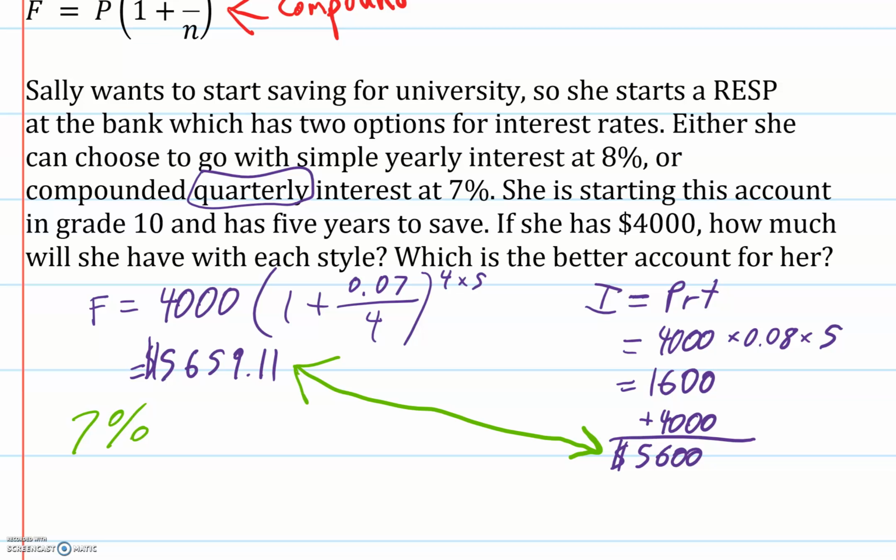This is the difference between compounded and simple interest. It can be a huge difference. It's also important to recognize that we had to add the principal back in, which we didn't have to do with our other formula. So which account is better for her? The compounded 7% is better for her.